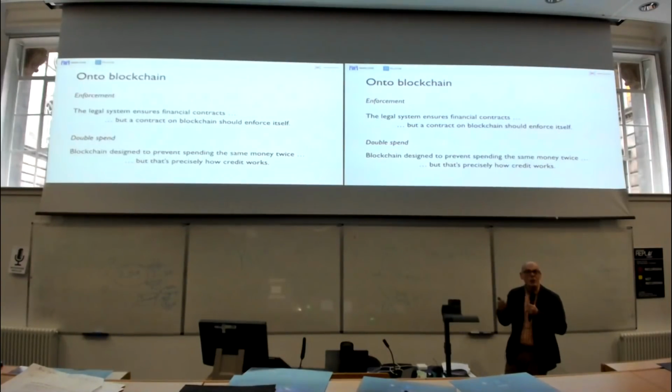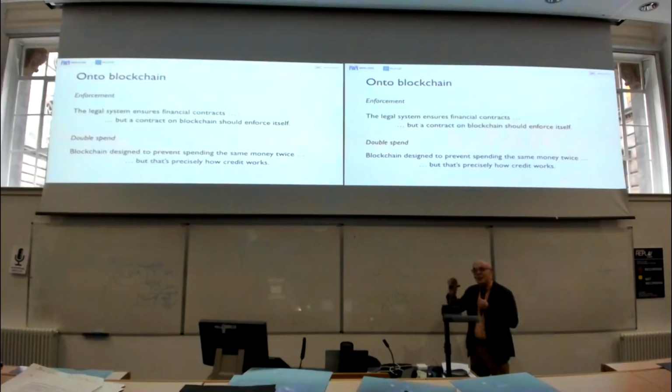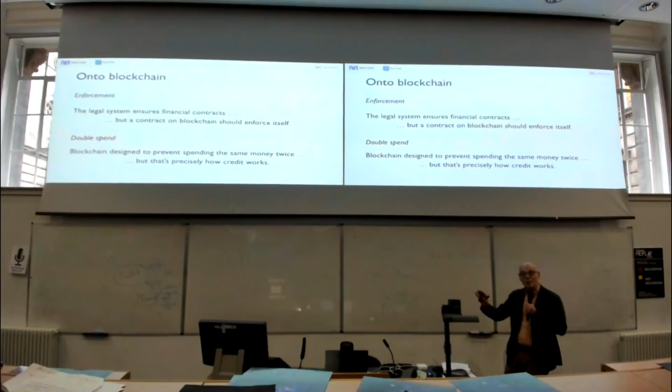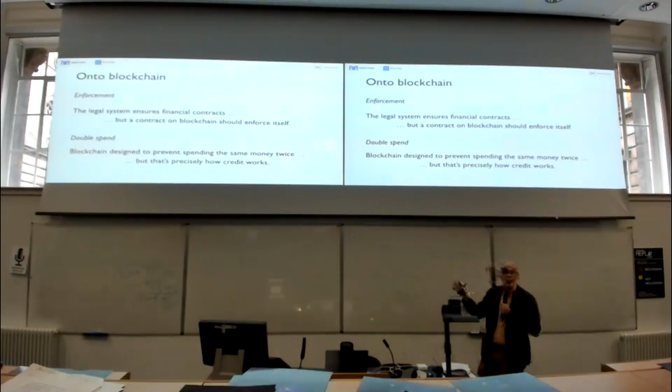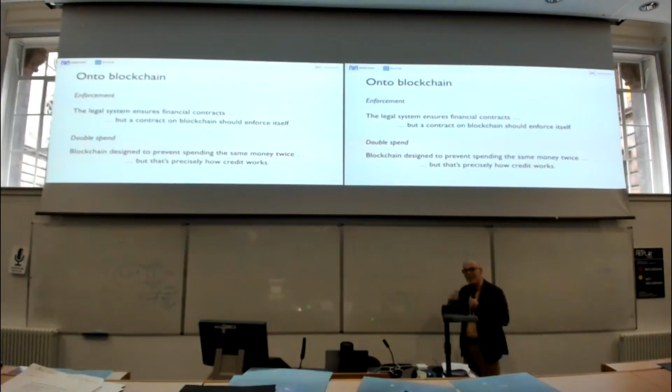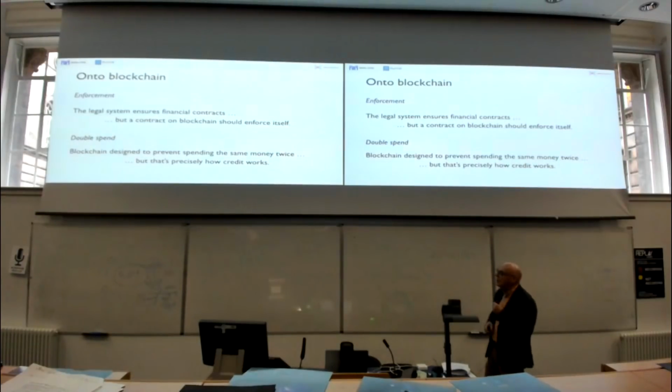The whole notion of credit allows you to spend money you don't have. So if you move to this self-enforcing model, credit and so on disappear. So I think you then need external providers of credit and so on and so forth. So it's not without complication in that regard.